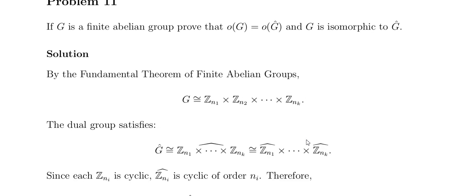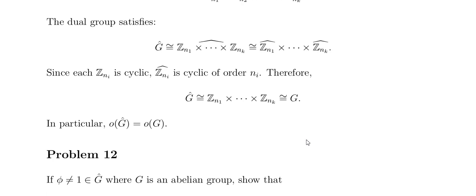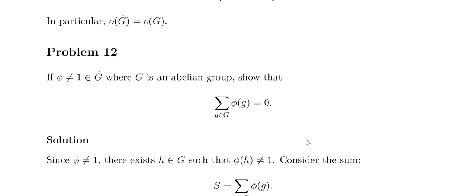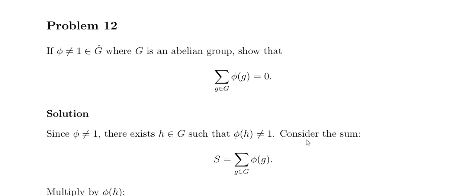In the same way, G is a finite abelian group and the order of G is equal to the order of G cap, so G is isomorphic to G cap. If pi is not equal to 1, belonging to G cap, and G is an abelian group, then the summation of pi of g equals 0, over every g belonging to G.